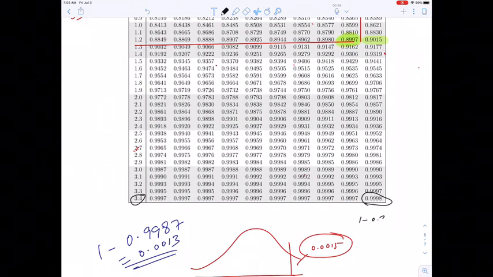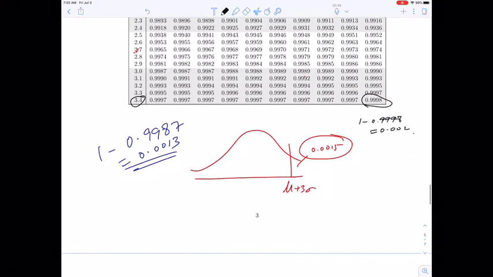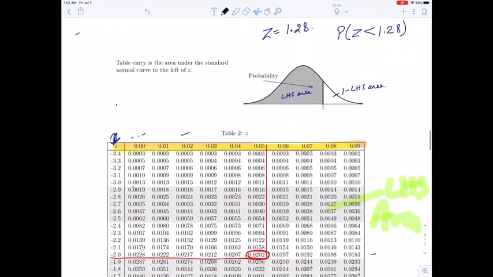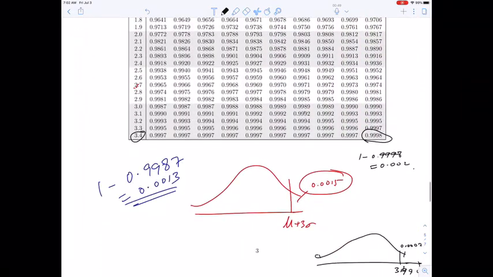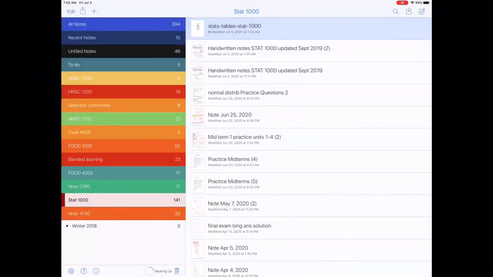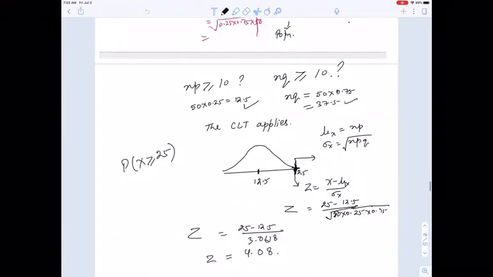So area on its right hand side is 1 minus 0.9998, which is 0.0002. If the area on the right hand side of 3.49 is 0.0002, then if we go further to 4, the area on the right hand side would be almost 0, right? So that's what we can write here, that area is 0 approximately.